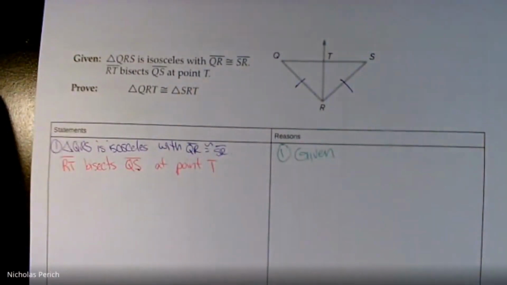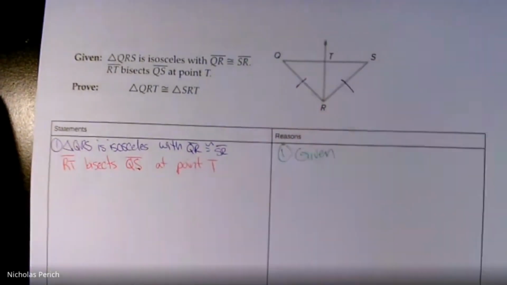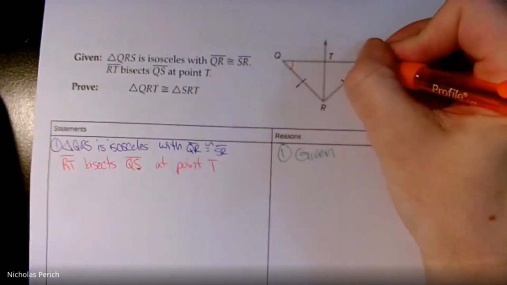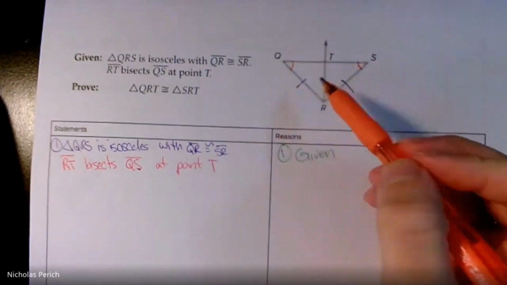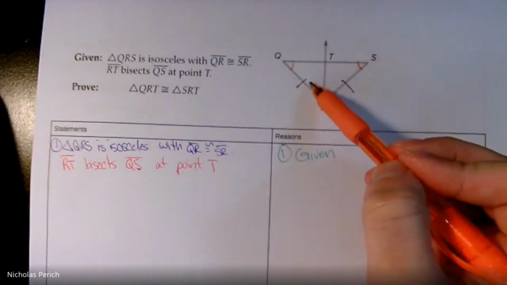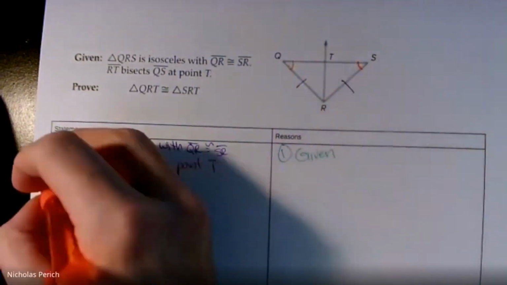If QRS is an isosceles triangle, not only are two sides congruent, two angles are congruent as well. So if these two sides are congruent, then these two angles, the angles opposite of the sides, are going to be congruent too.